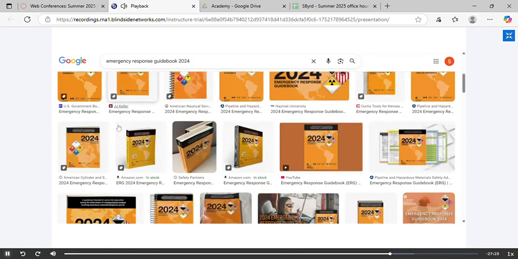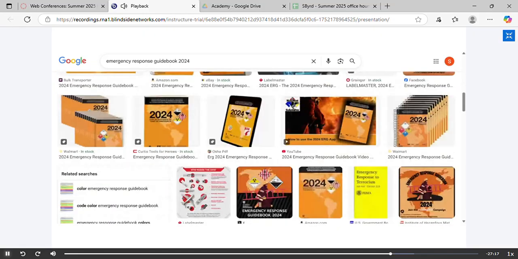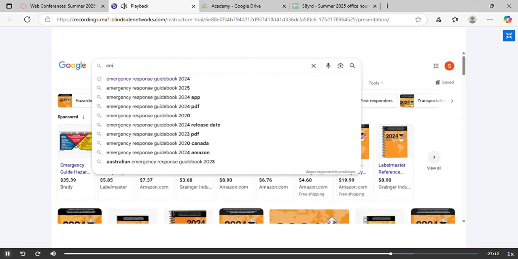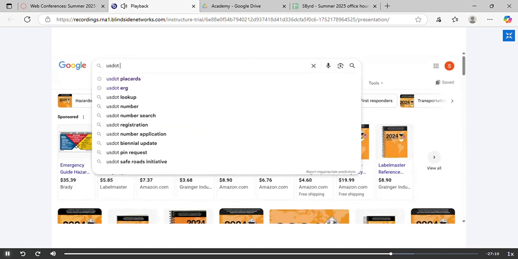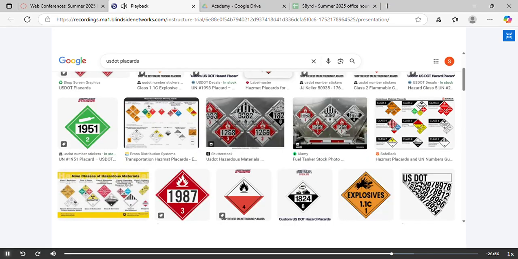Okay. So you have little pocket size ones. You have big ones, you know, in these spiral notebooks. But basically what's going on is there's a placard system, every US DOT placard, here we go. There's a placard system that has to be on these vehicles, on these tanker trucks that are transporting these substances.